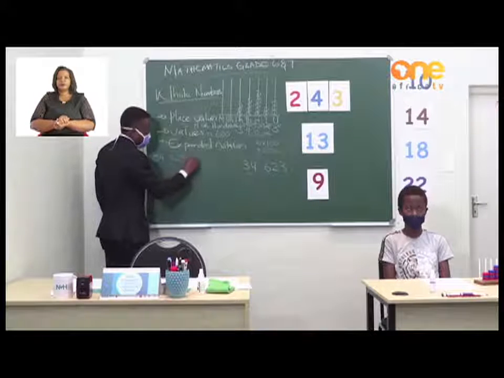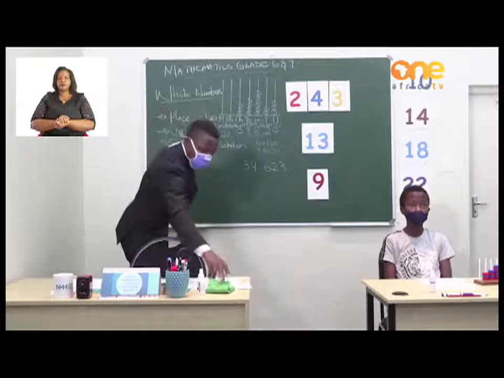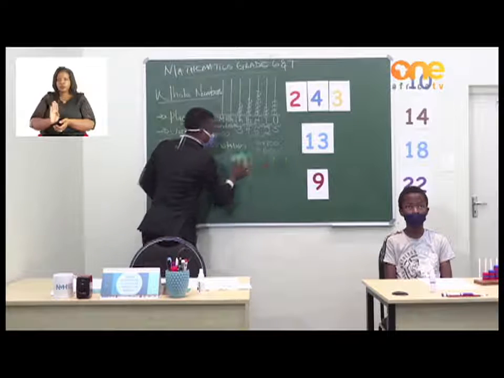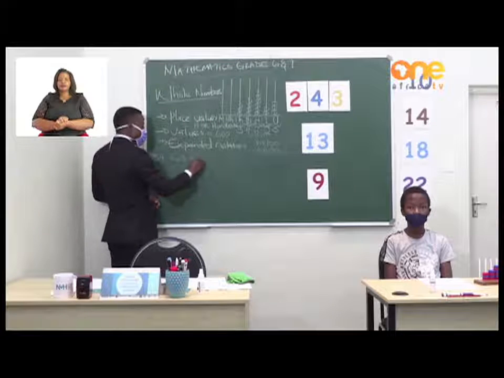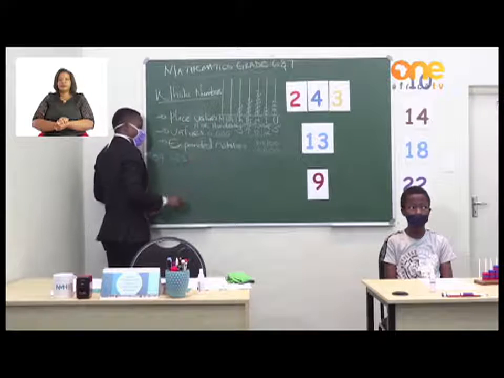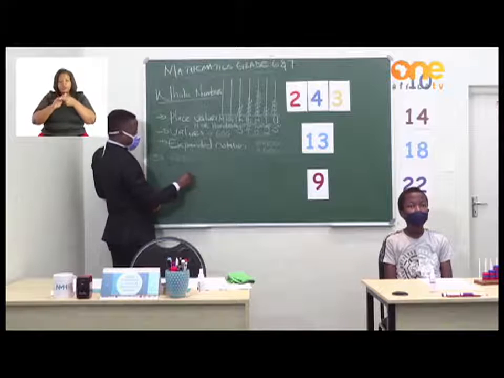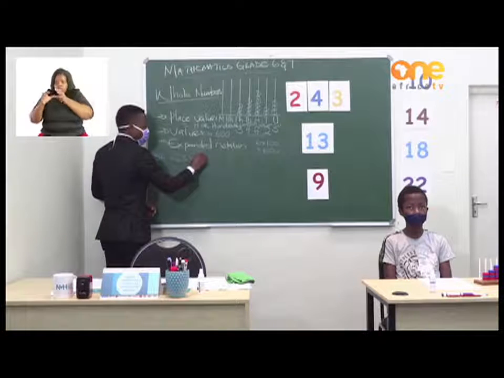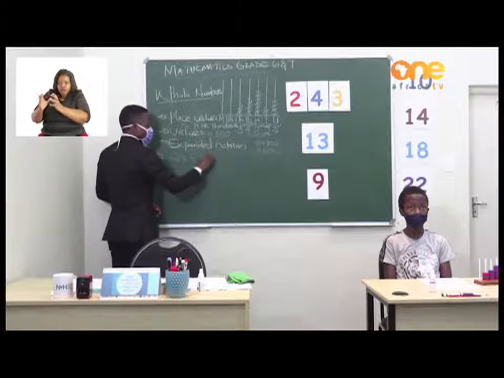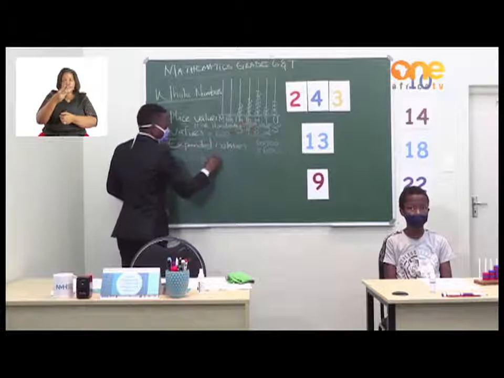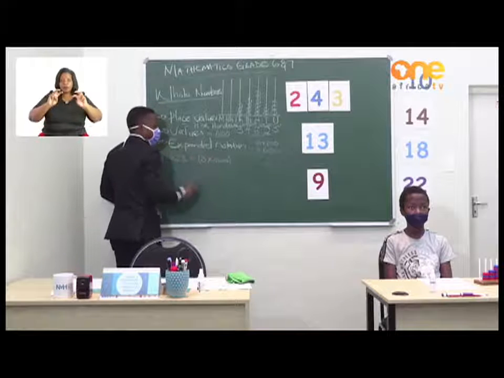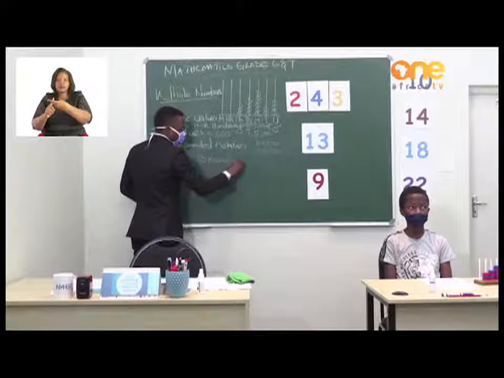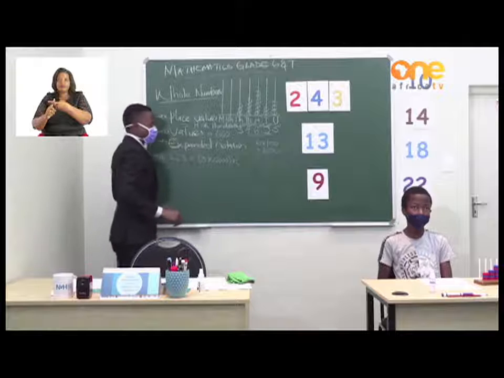It must give me, we use brackets to separate the operations. So we have 3 times 10,000, and then we separate that with plus.